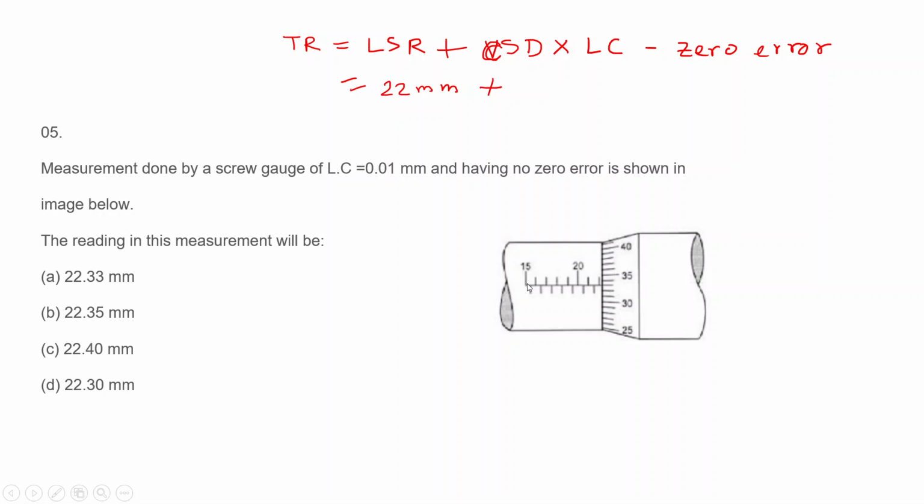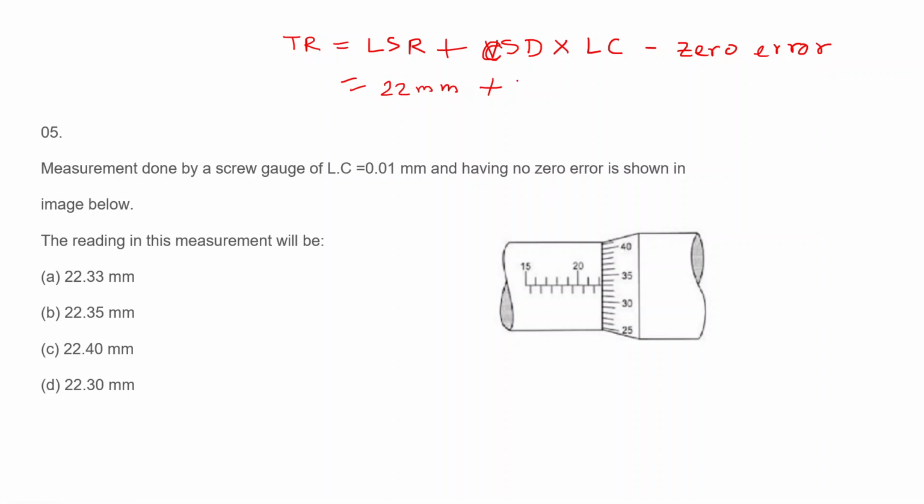This straight line on the linear scale is coinciding with this particular mark on the circular scale. How we'll count is, this is the 30th division, this is 31, this is 32, this is 33. So it's exactly coinciding with the 33rd division.